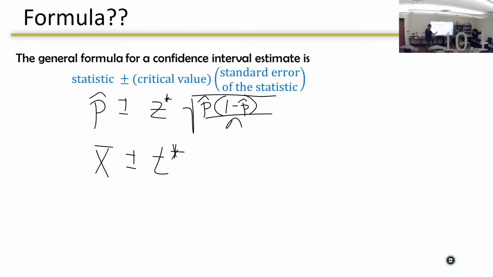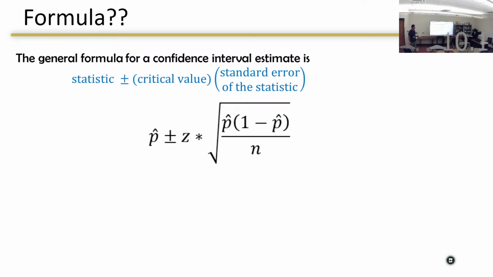And then the standard deviation of the sample is this one. We'll talk about that as we proceed on. This is on your formula sheet. This is not new. It's kind of new. You guys are used to seeing that.